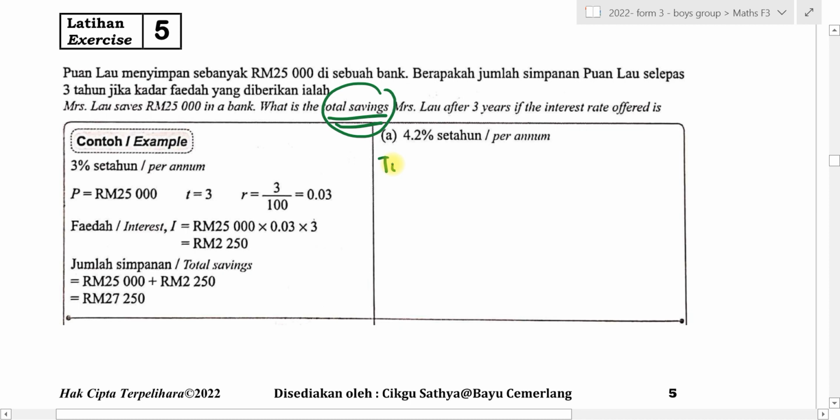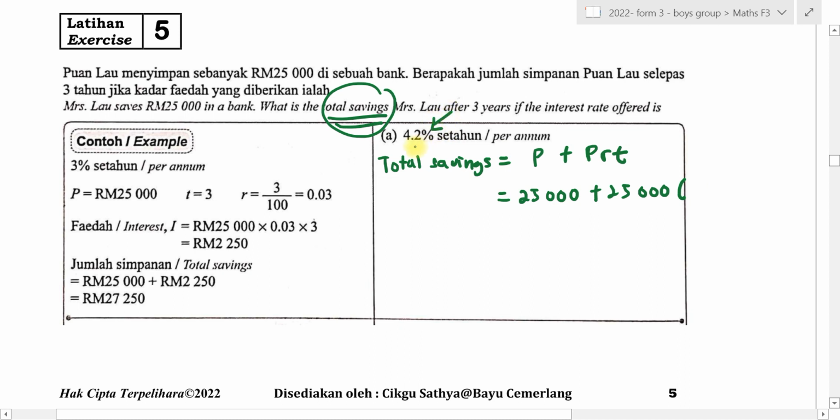Total saving means same formula. Total savings P plus PRT. Okay, the principal here is 25,000 now, plus 25,000 times the rate.